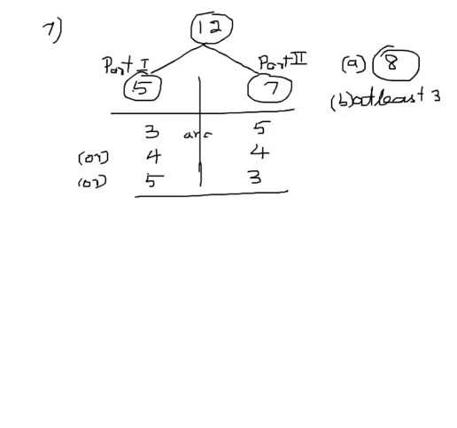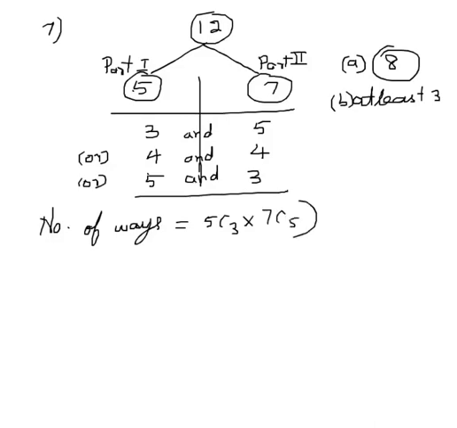And we have 'and' here. So let us write the total number of ways: 5C3 times 7C5, or the selection may be 4 and 4, so 5C4 times 7C4, or 5C5 times 7C3.